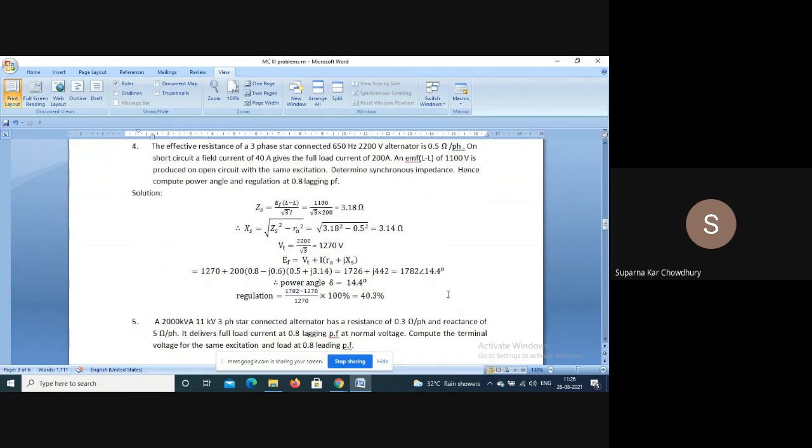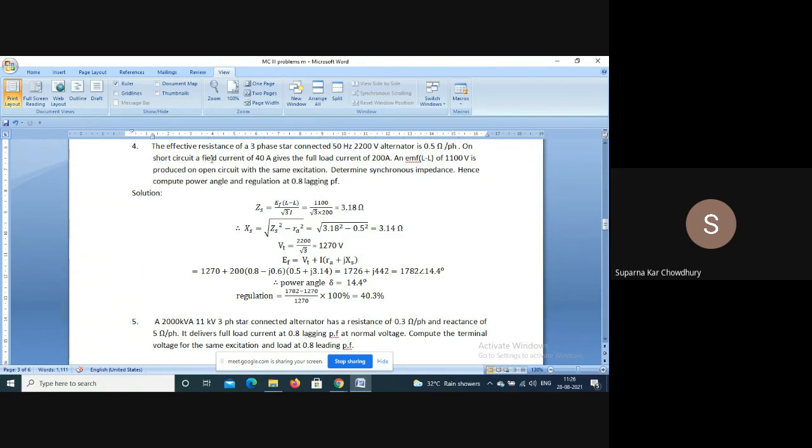The next one: the effective resistance of a three-phase star connected, 50 hertz, 2200 volt alternator is 5 ohm per phase.